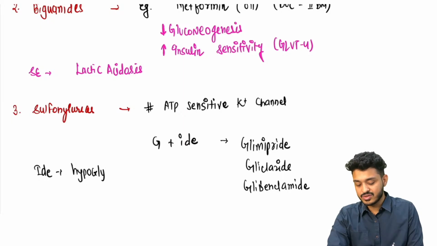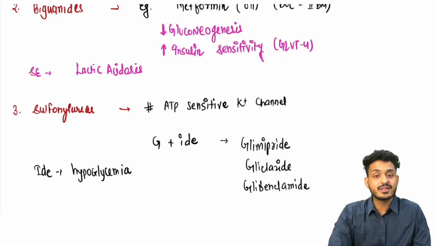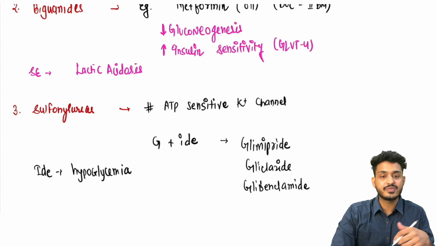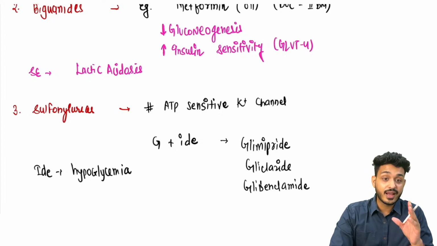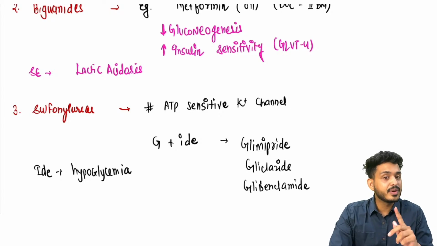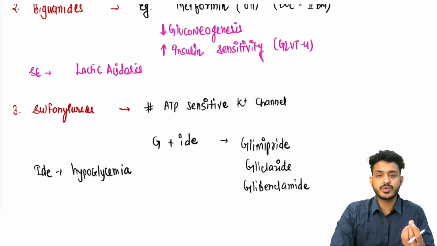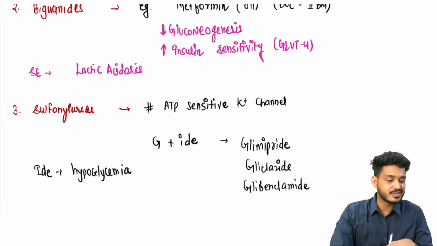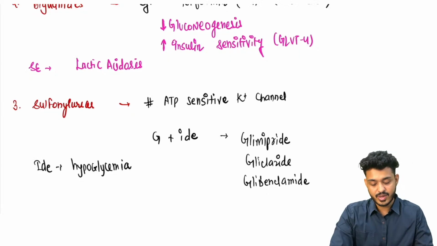Hypoglycemia. If you are giving these drugs in very high doses, the patient can have hypoglycemia. And remember, hyperglycemia, nobody is going to die because of that, but hypoglycemia is going to be a very detrimental situation. You have to remember about it, right?